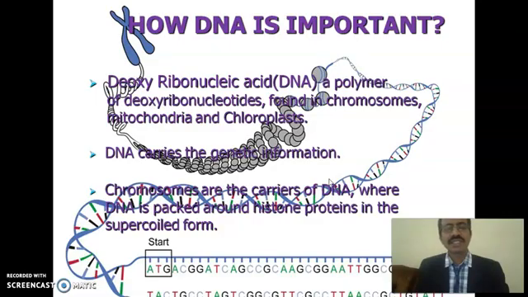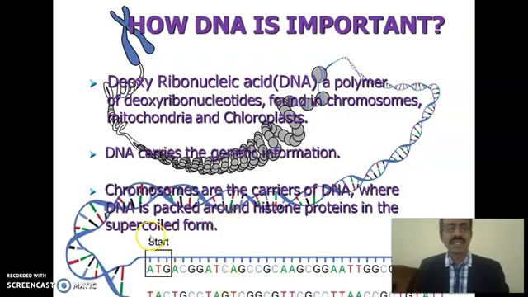And what is the importance of DNA? DNA, or deoxyribonucleic acid, is a polymer, and it is found in the chromosomes in the nucleus and also in organelles like the mitochondria and chloroplast. DNA carries the genetic information.